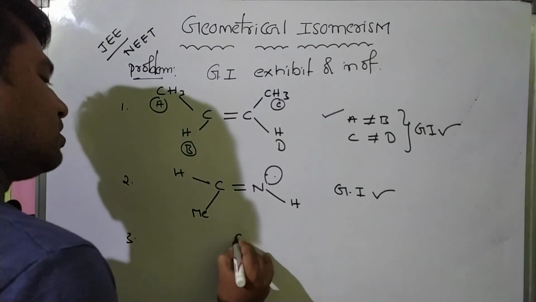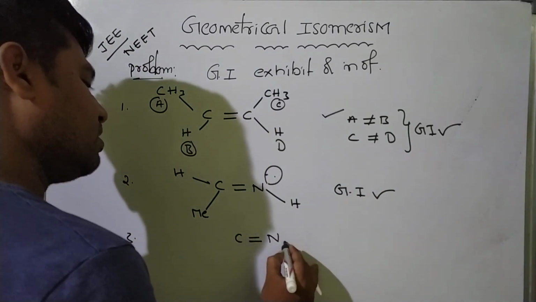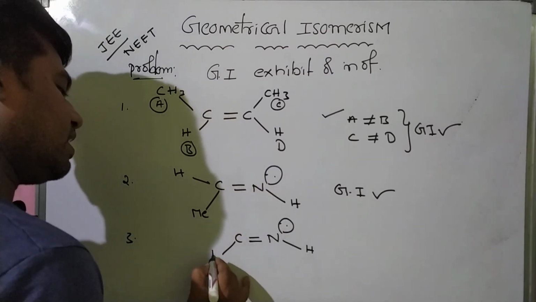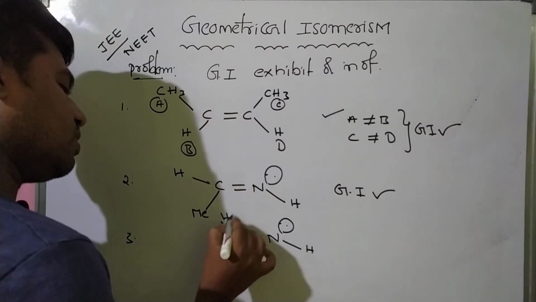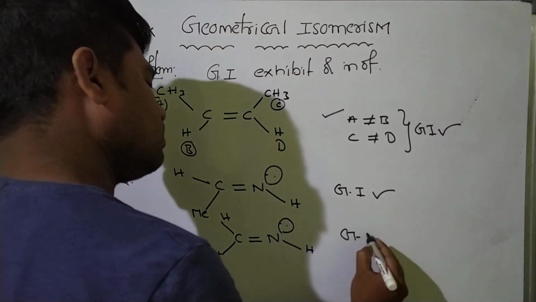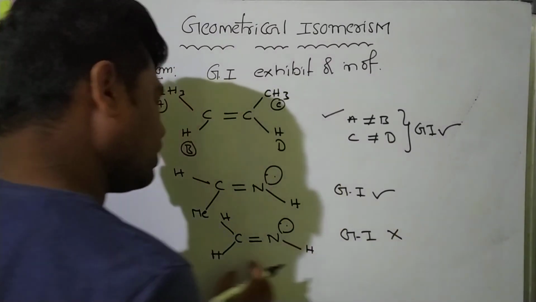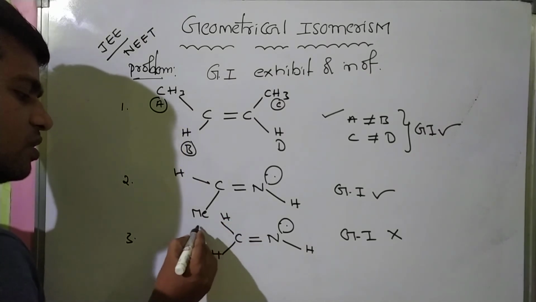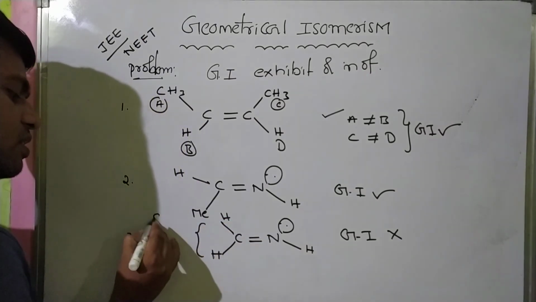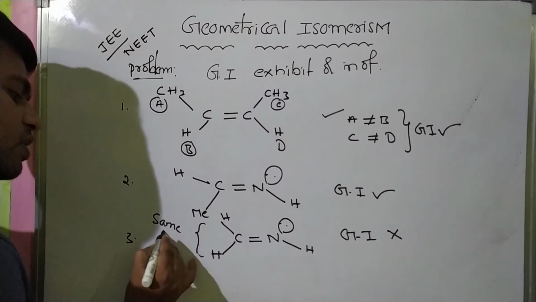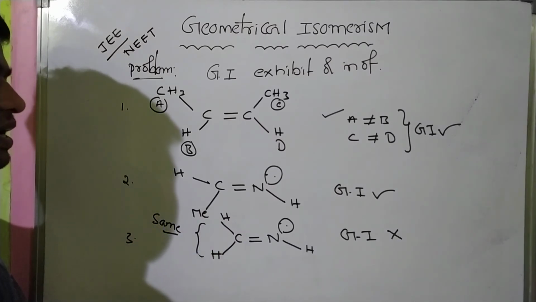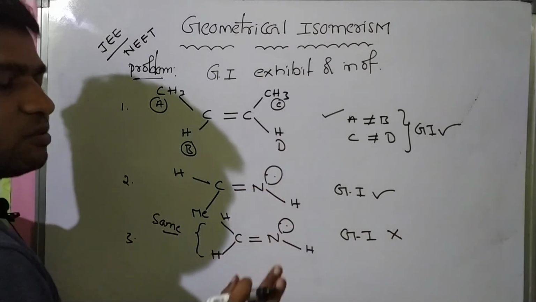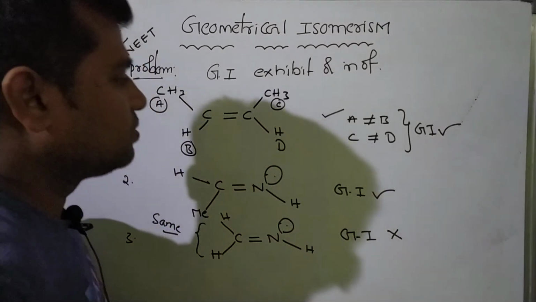Next, C double bond N. Here hydrogen and here hydrogen. This will not give geometrical isomerism. Why? Because these two groups are the same. If the two groups are similar, it will not give geometrical isomerism.